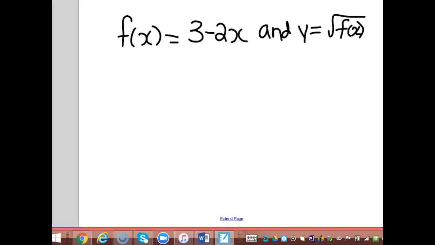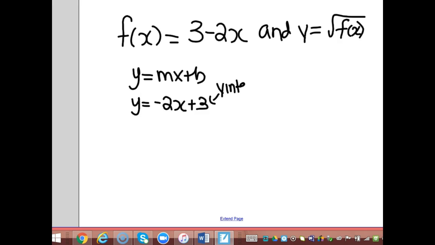In the book, they use a table. You can use a table with points and just plug in to find x's and y's, but I always like doing the y equals mx plus b form, because this is already in that form, it's just backwards. So if I wrote this minus 2x first, and then the positive 3 after, this is always our y-intercept, and this is our slope.